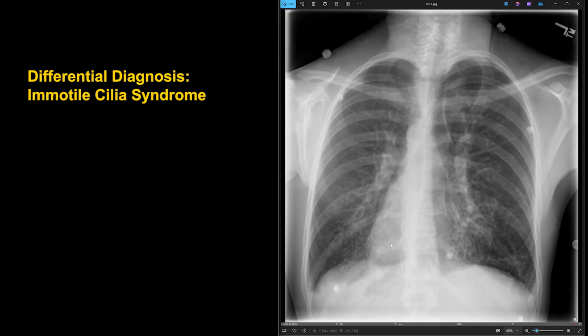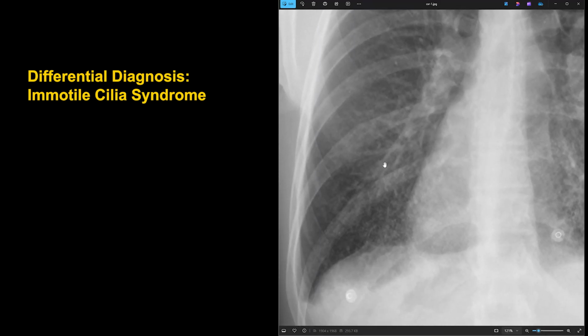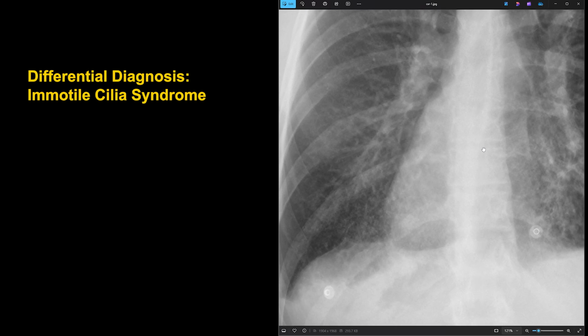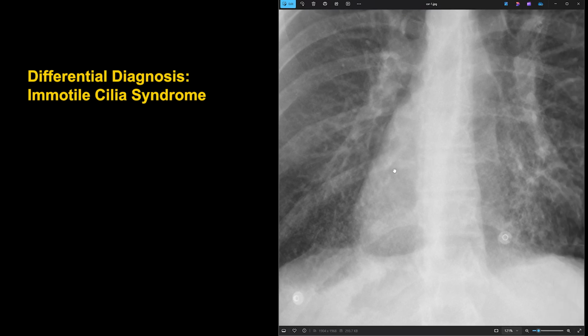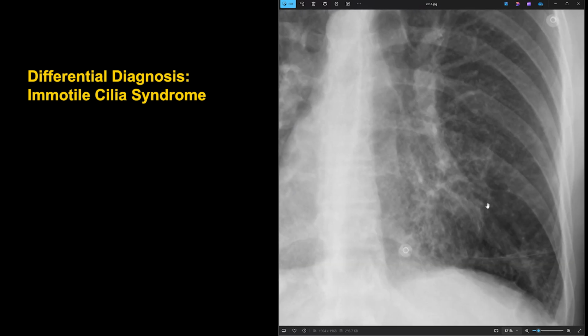All right, here's a patient with another thing in the differential diagnosis. The first thing you'll notice is that this patient has situs inversus with the heart apex on the right side, the aortic arch on the right side. When we go to the lungs, you can see that there's lower lung predominant reticulation with some tram tracking here that indicates bronchiectasis.